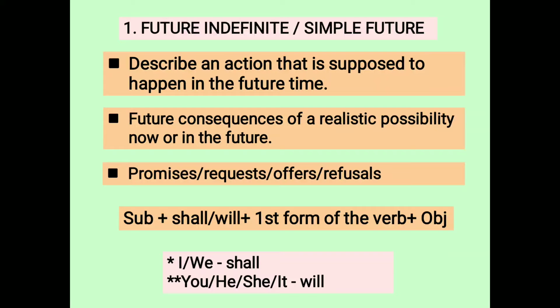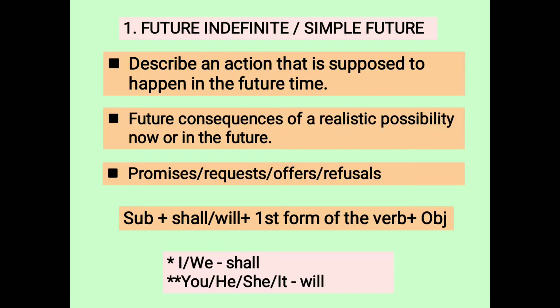Now we must remember, please take care of that I and we, whenever we have a first person singular or plural, then we have to use shall as the auxiliary or the helping verb. But in case we have third person singular, third person plural, or second person singular and plural, we have to use will.